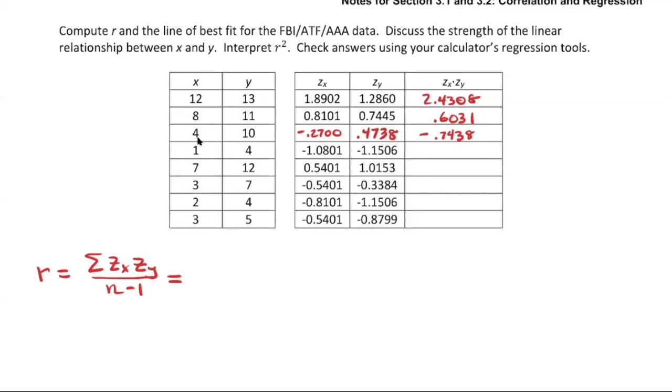Okay, this one's 1.24228. Negative times negative is positive on that one. Next was 0.5484.